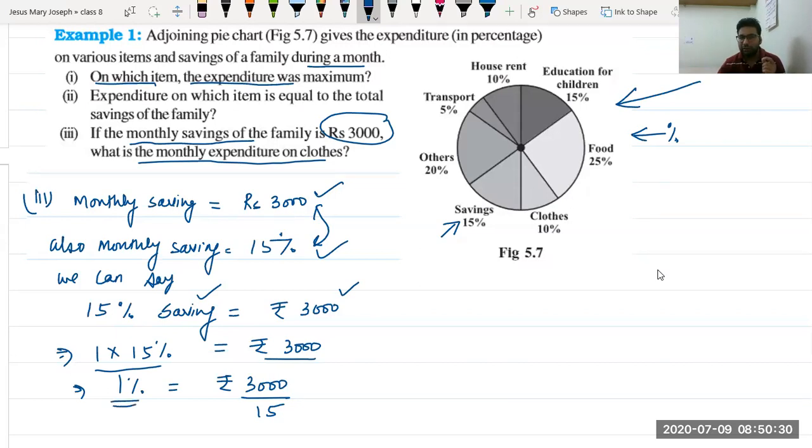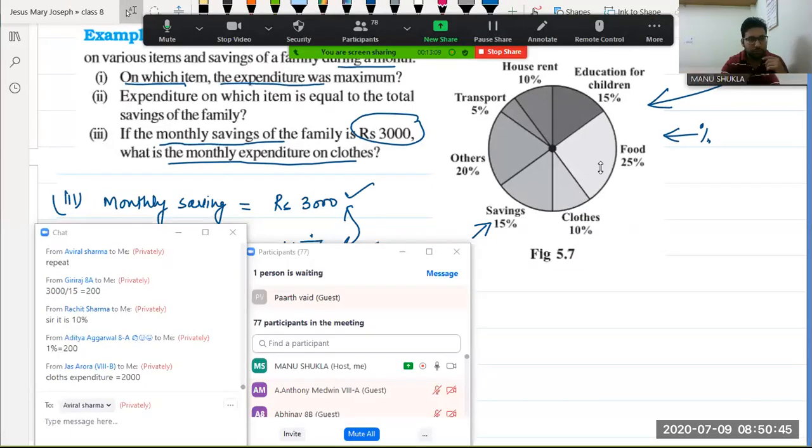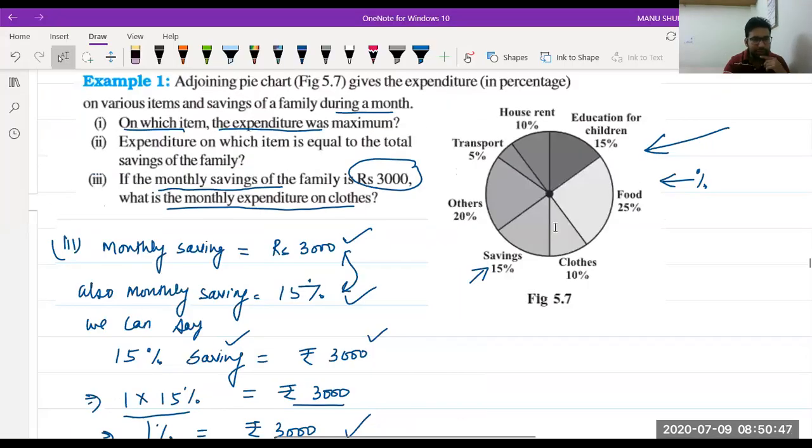After that, I made the 1% alone and found that 1% is equivalent to 3000 upon 15. Now you got this, class? Yes, Vardhan, correct beta.